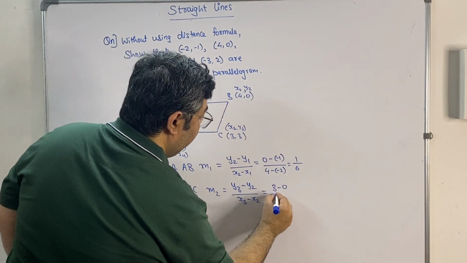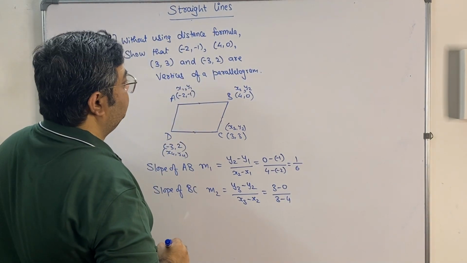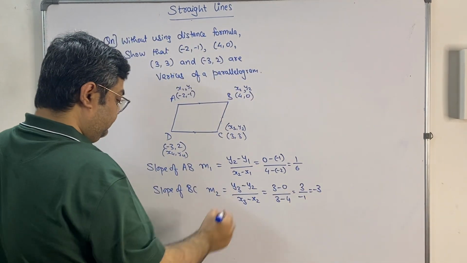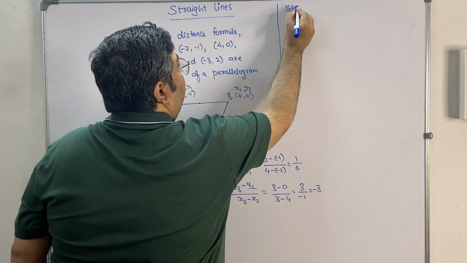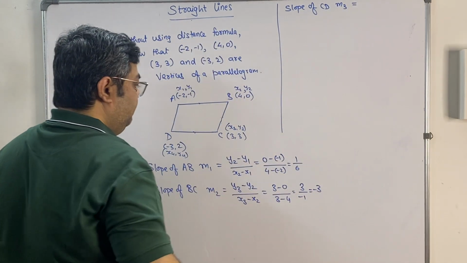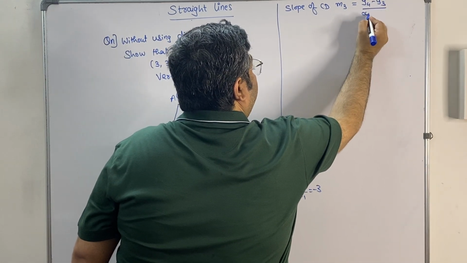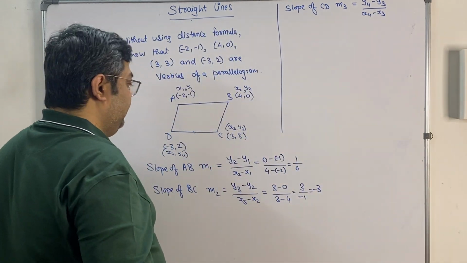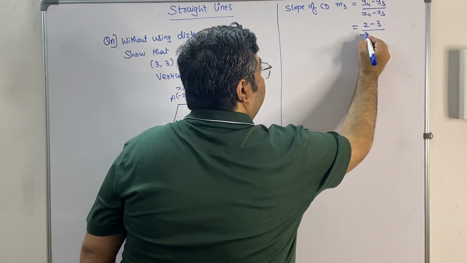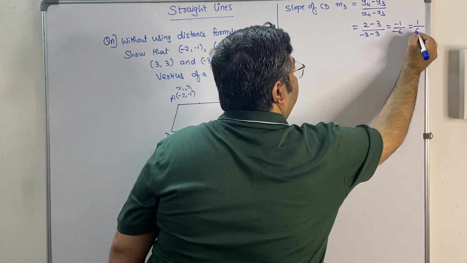So that is 3 minus 0 over 3 minus 4. 3 over minus 1, that is minus 3. Slope of CD, that is M3, is given by y4 minus y3 over x4 minus x3. So again that is 2 minus 3 over minus 3 minus 3. That gives me minus 1 by minus 6, 1 by 6.